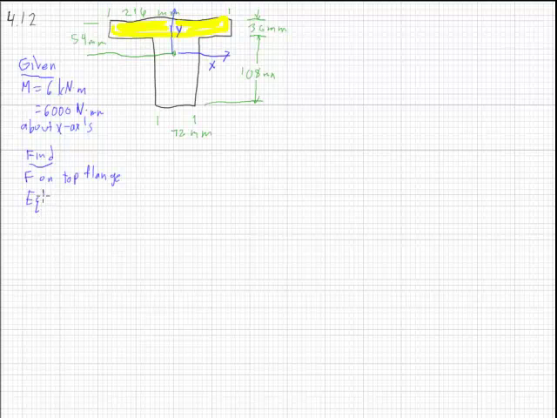So the equations we're going to use are as follows. Well, we need to have the stress at any given point in a member under bending. So that's M times y over I. And also the force is equal to the integral of the stress times the area.